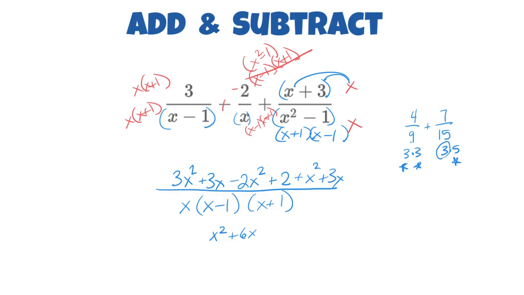Oh, hang on a second. I missed this x squared out here at the end. This was 3x squared minus a 2x squared is x squared, but here's another x squared, so it's really going to be a 2x squared plus my 6x plus my 2, all over the common denominator.